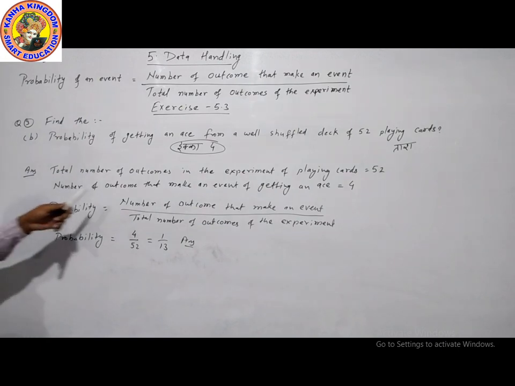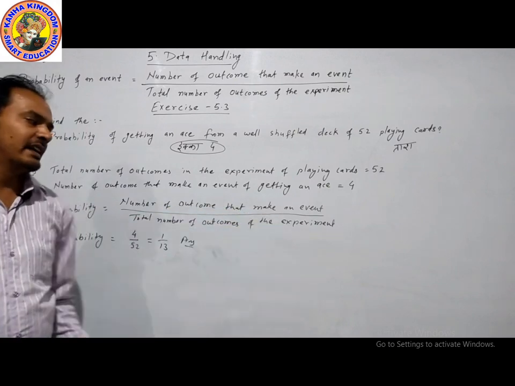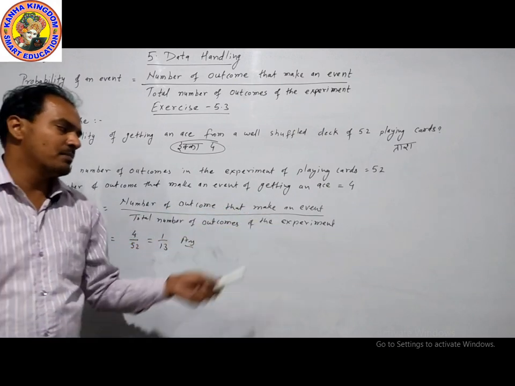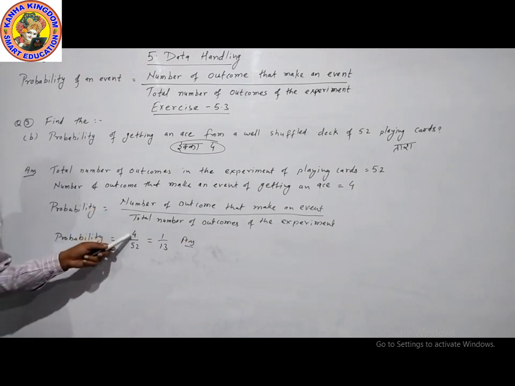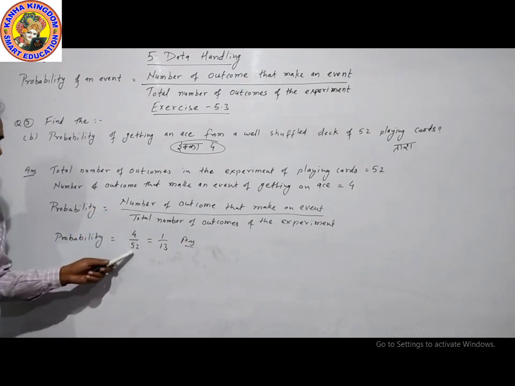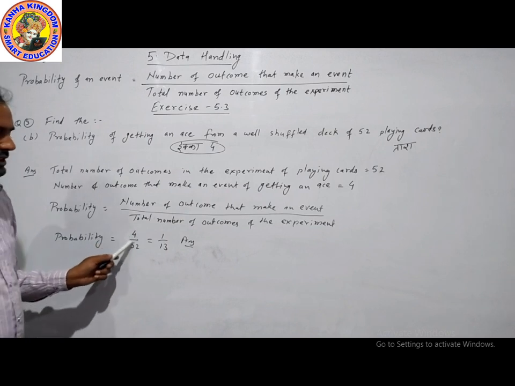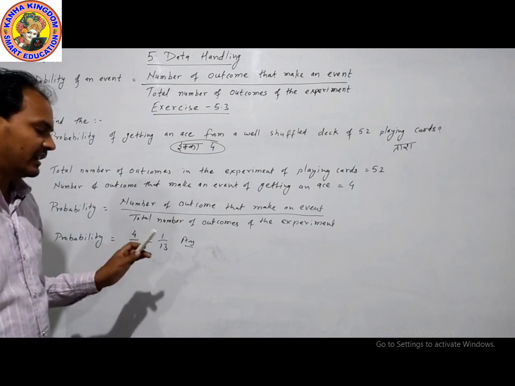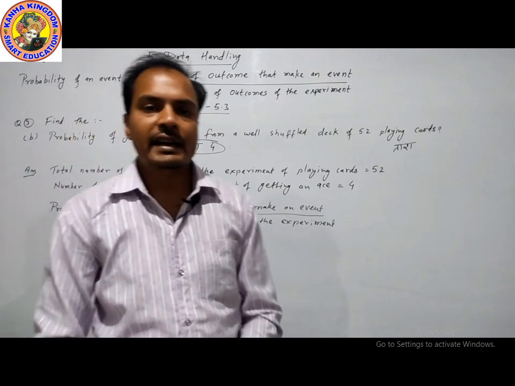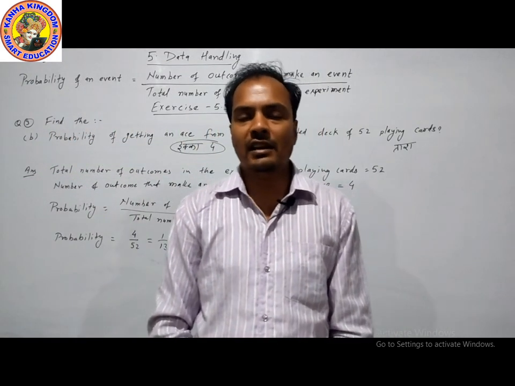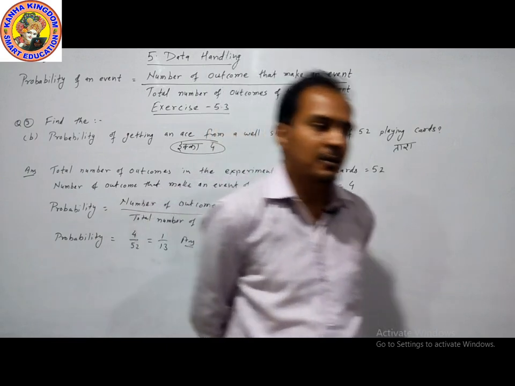Formula of probability: number of outcomes that make an event divided by total number of outcomes of the experiment. The number of outcomes in the event is 4, the total is 52. We can cut this by 4, 1 time and 13 times. 1 by 13 is our answer. You can take a screenshot of this. We will move to our next part.